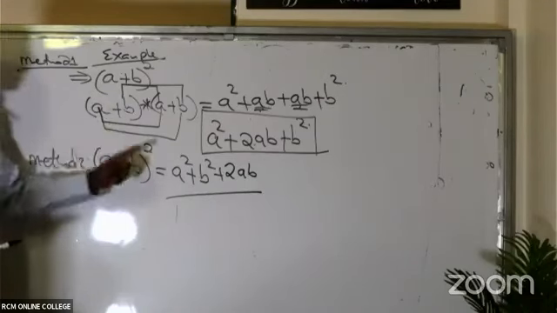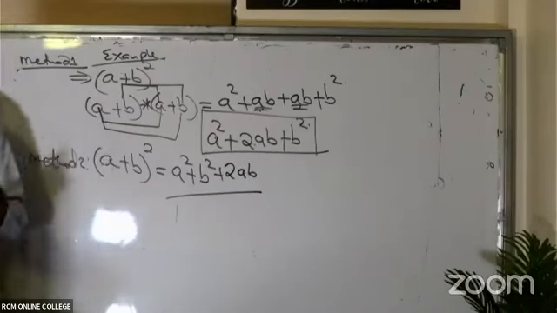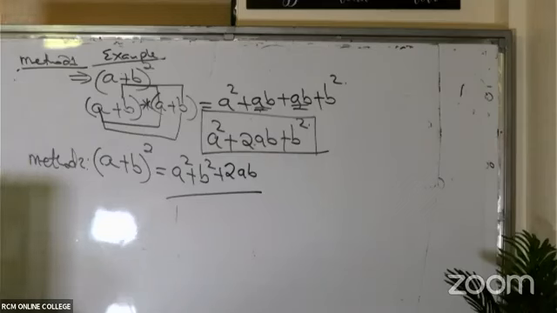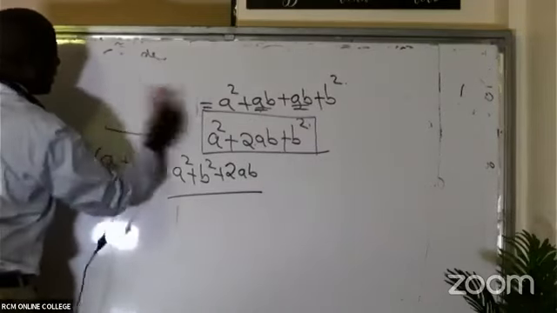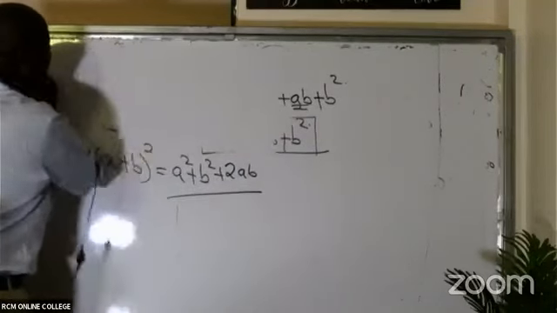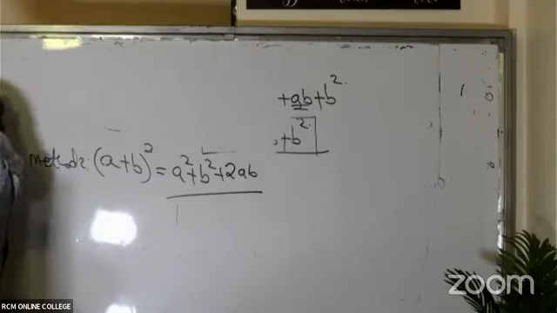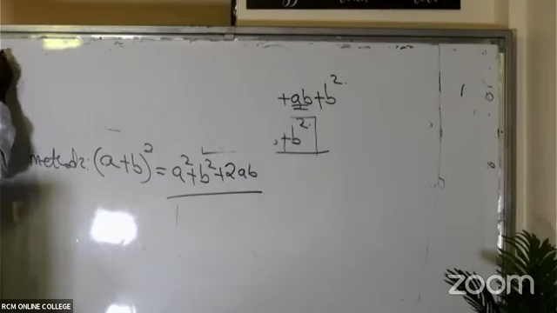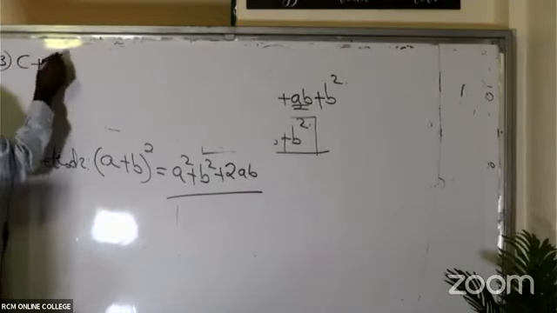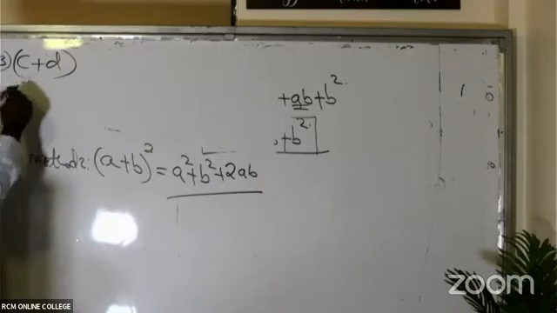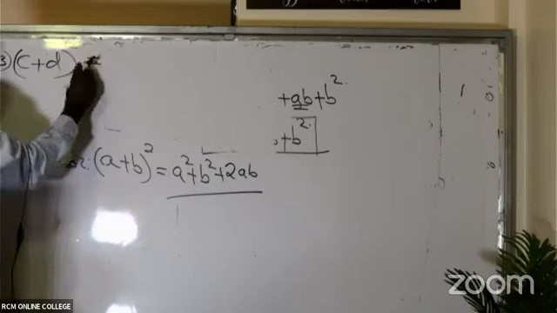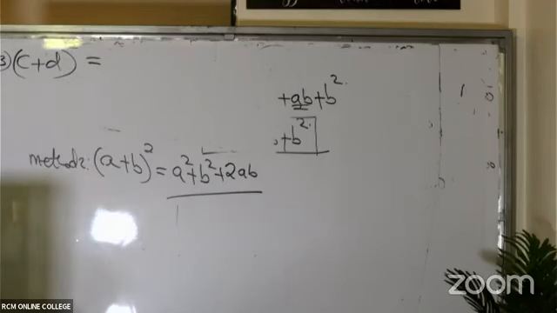So allow me to repeat this, because this is very, very important for you guys, especially in paper 1 mathematics. Using this shortcut method, if you're given, for example, c plus d squared, can you kindly give me the expanded form here?